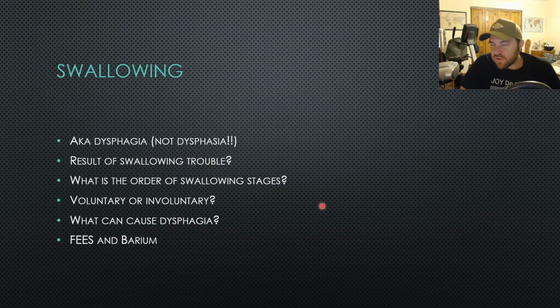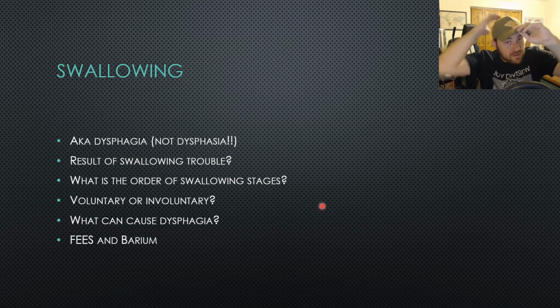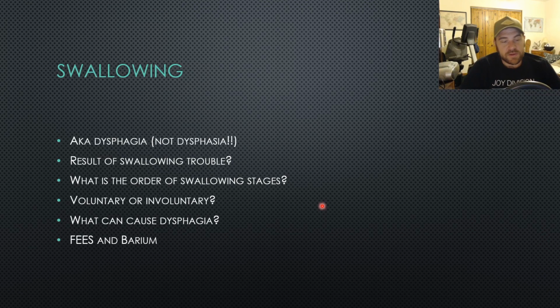Certain types of infections can inflame the nerves and lead to swallowing difficulties. Certain medications can change the neural circuitry, or affect the nerves that are necessary for swallowing. All of these are potential causes.